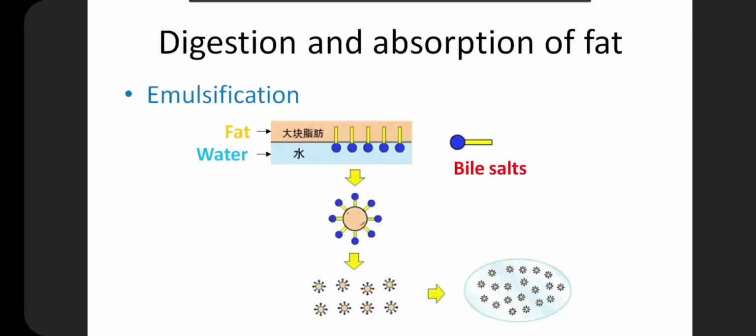Next, let's see the digestion and absorption of fat. Fat can be digested by lipase, but as we know, fat is insoluble in water, right? So here comes the question: how is fat digested by water-soluble lipase?